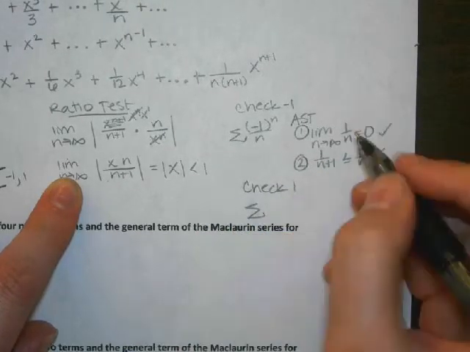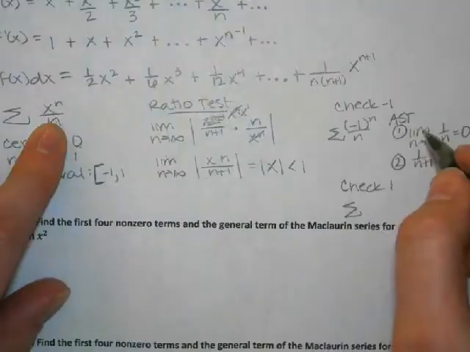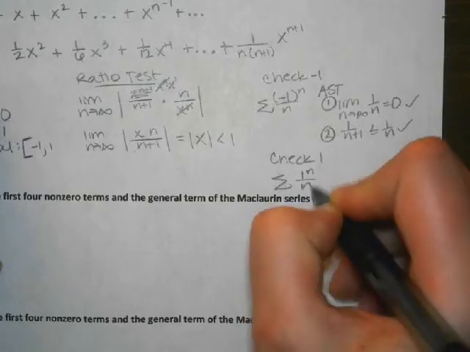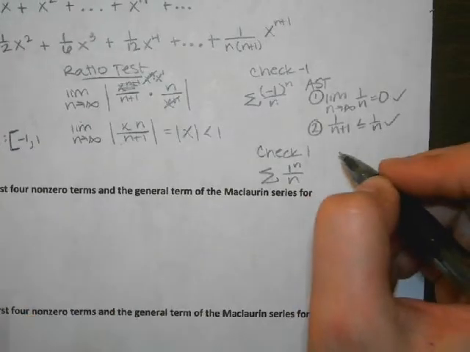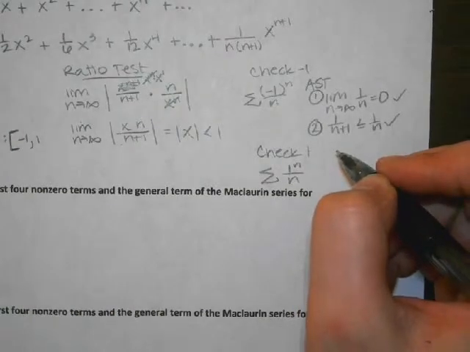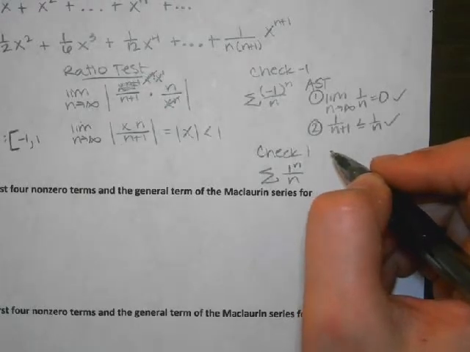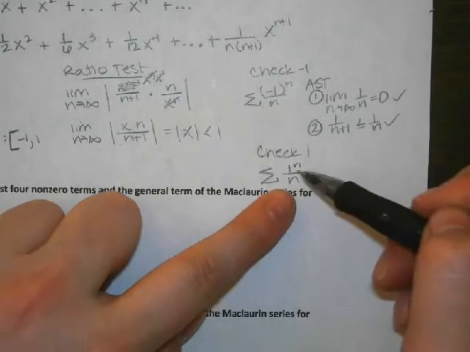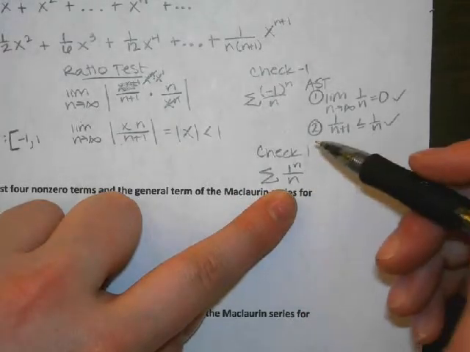So we have the original problem. I plug a +1 in for x, so I have 1 to the n over n. If you think about this, 1 to the n is always 1. It doesn't matter what you plug in for n, it's always 1. So I'm going to think of this as just being 1 over n.